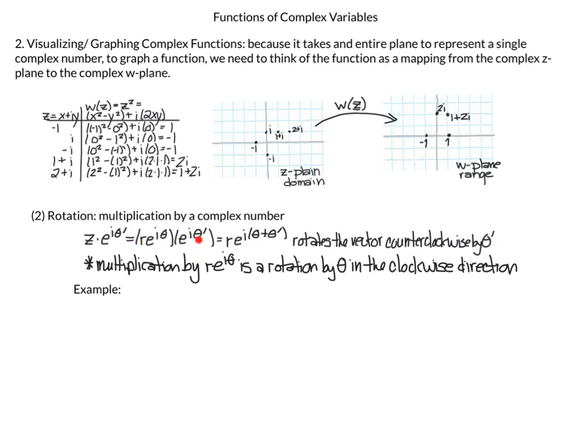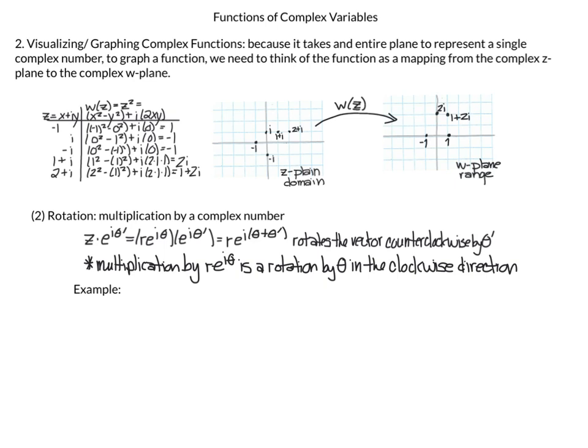What you'll see in this multiplication of two complex numbers is you have your r, then you have your e, and then you're going to have i times theta plus theta prime, just because of the way exponents work. What we see is this multiplication by e to the i theta prime rotates the vector counterclockwise by theta prime. So multiplication by r e to the i theta scales by r, but the theta is a rotation by theta in the counterclockwise direction.